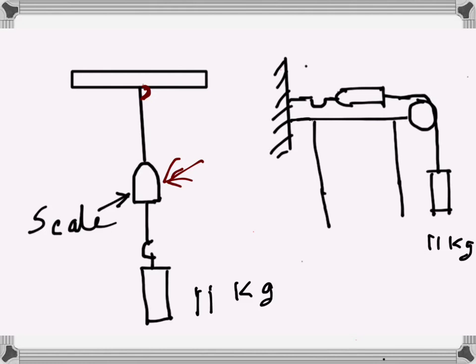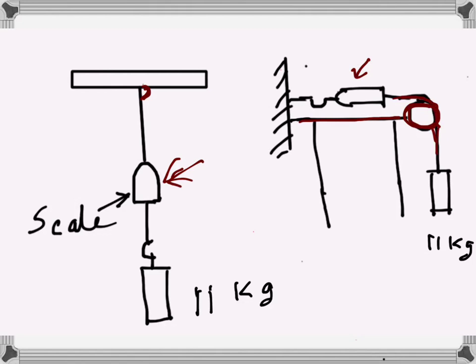In the second one, it's the same scale, but instead of being connected to a ceiling, now it is connected to a wall. And since it is connected to a wall, there is a table here, and then there is a frictionless pulley. This pulley is necessary so that there is no friction when the cord passes over the table.